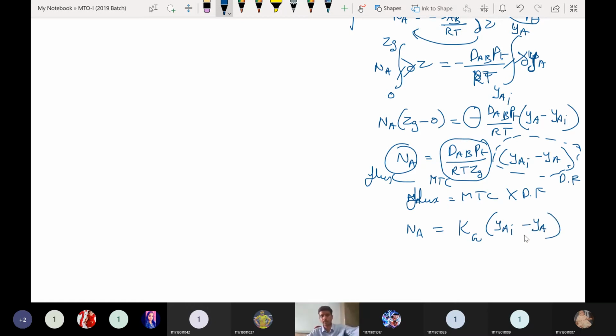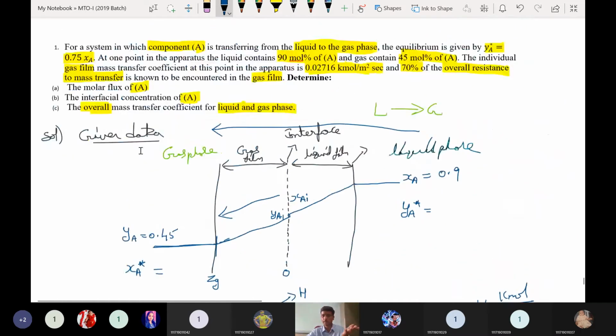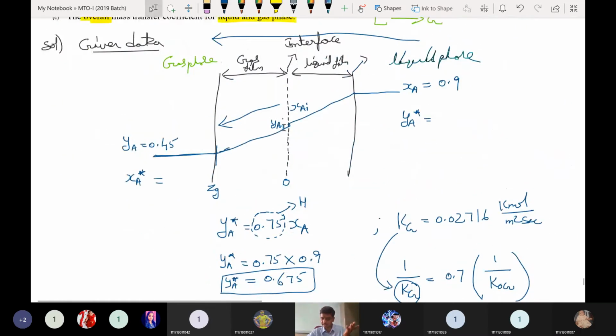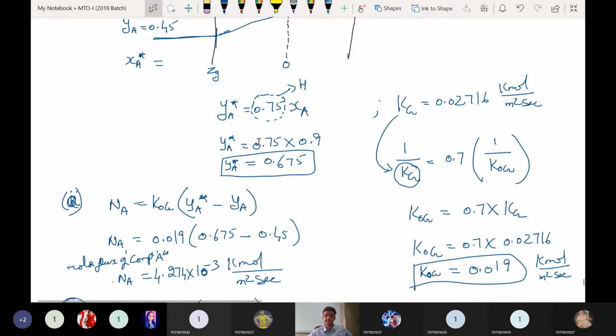By looking at this profile, just common sense: the profile is dropping, so YAI minus YA will come. Reverse of this is not possible. Why? Because mass transfer will take place from higher concentration region to low concentration region. If you know this statement, by looking at this profile you can define any equation.